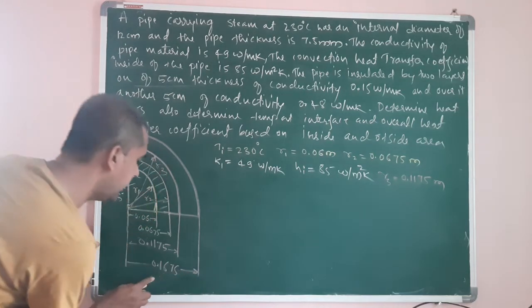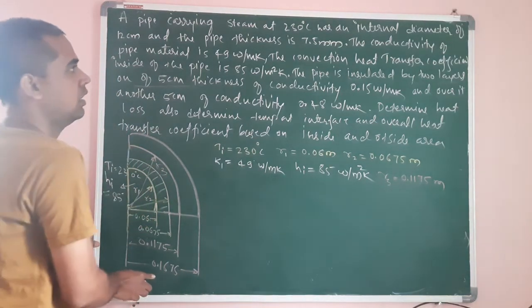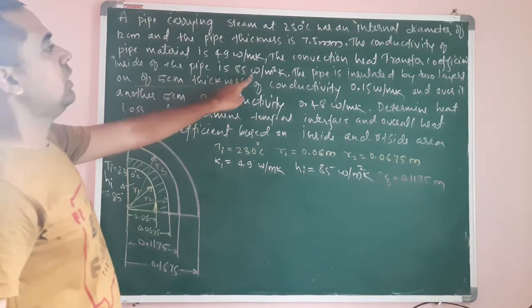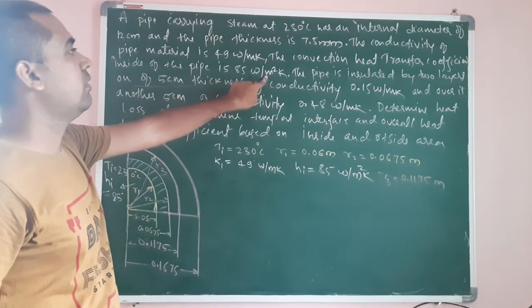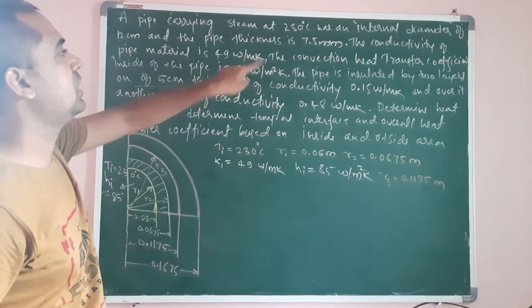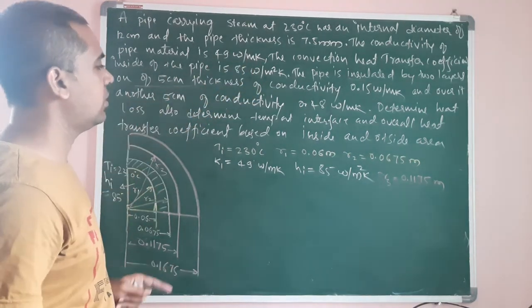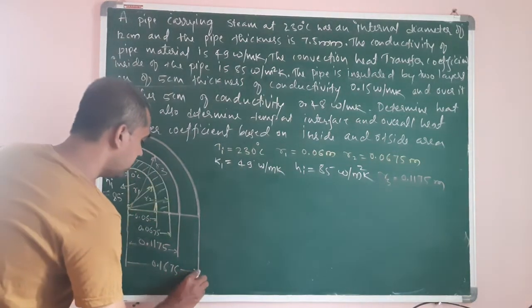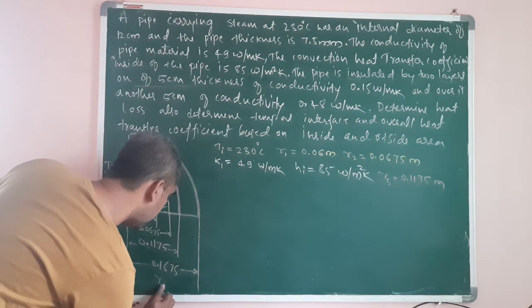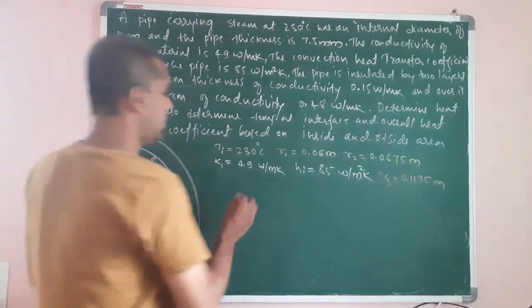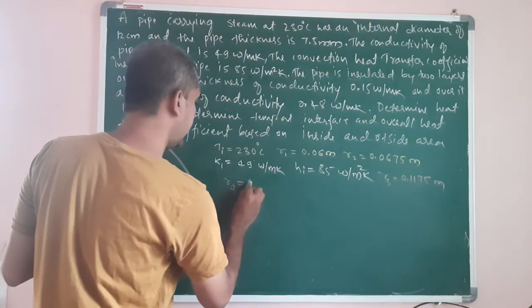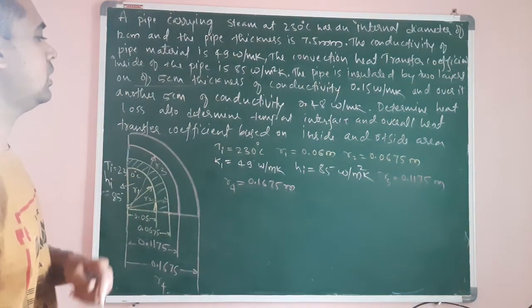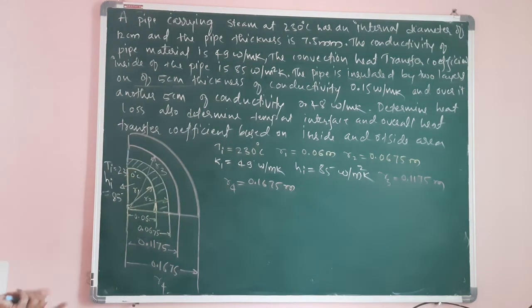These are in meters, don't get confused. They have given values in centimeter, and you have to convert them into meter, because the units for the heat transfer coefficient as well as the thermal conductivity are given in meter. Therefore R4 is equal to 0.1675 meter. Once you calculate R1, R2, R3 and R4.